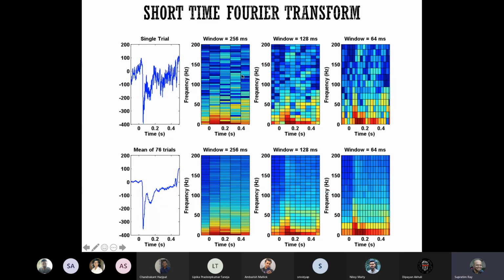Okay, and to note here is that the boxes that you see have a finite area, a minimum area. It can't be arbitrarily small in both time and frequency domains. If you reduce the window size so that now it's 128 milliseconds or 64 milliseconds, then your length on the y-axis increases.